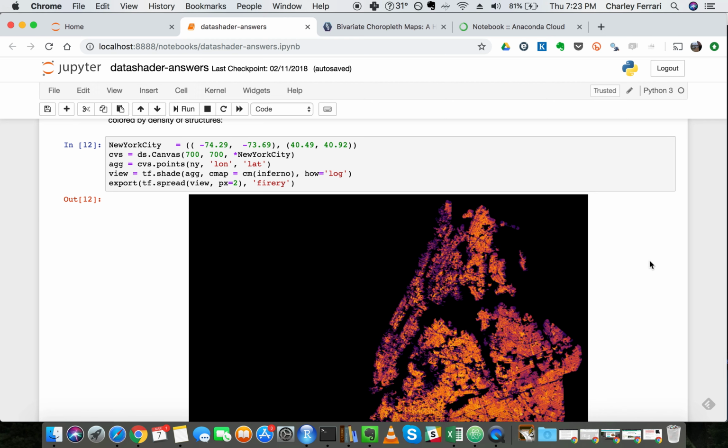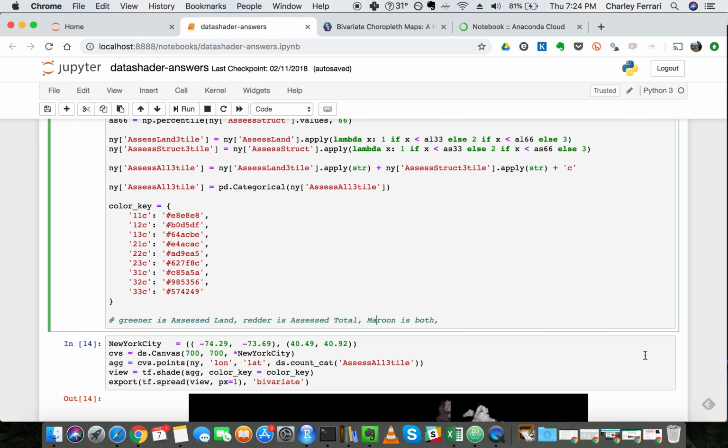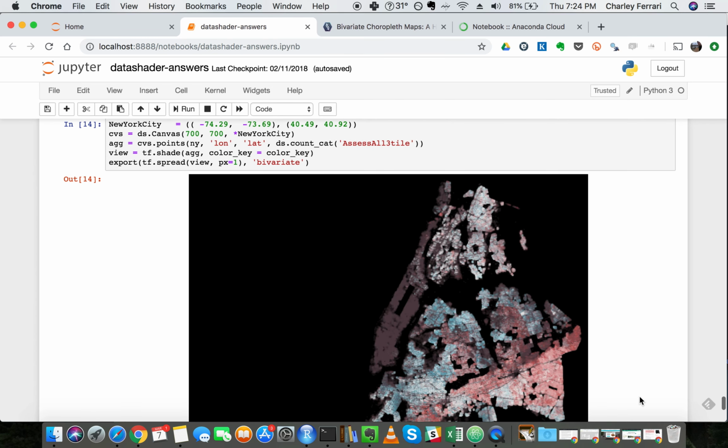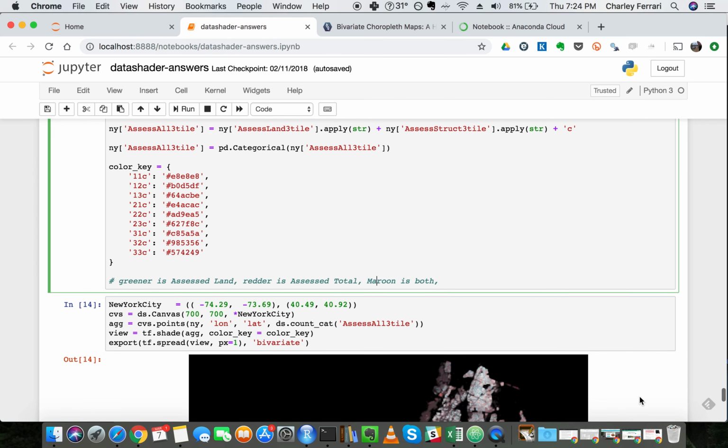But for now, just creating the image was fine, and I just included some notes of what we're looking at, and then we're basically following the Datashader pipeline, defining our canvas.